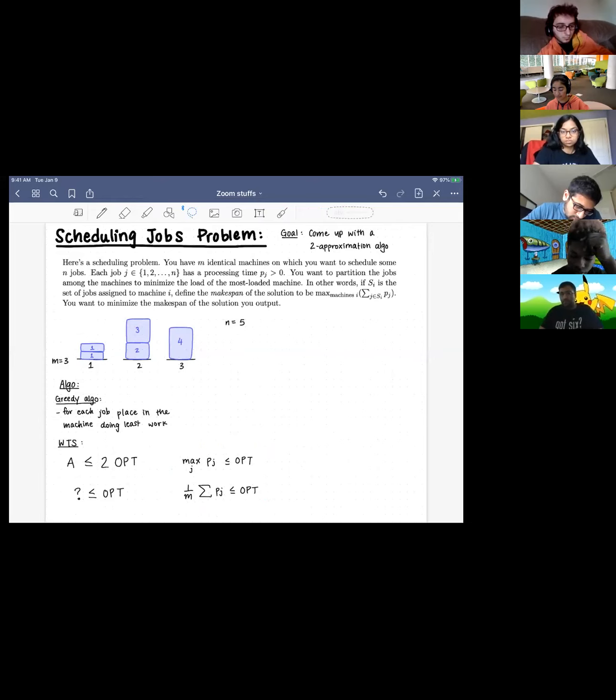The second thing is to try and find some structure in our algorithm itself.